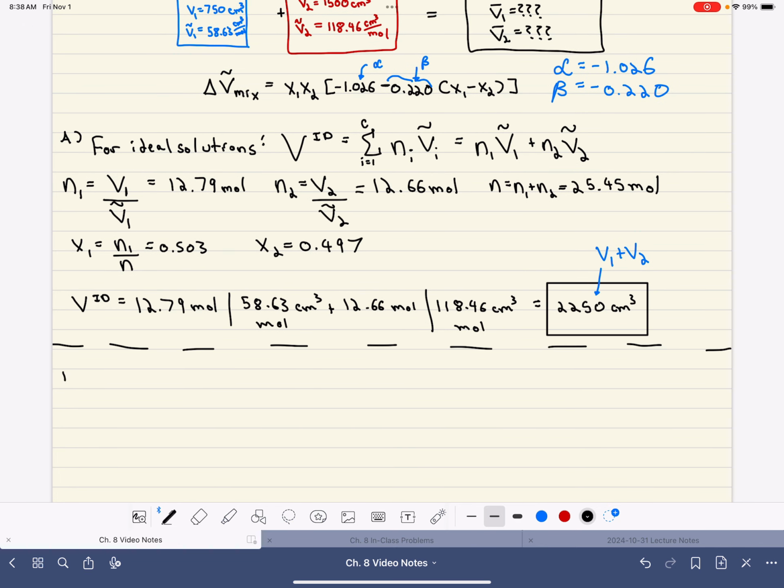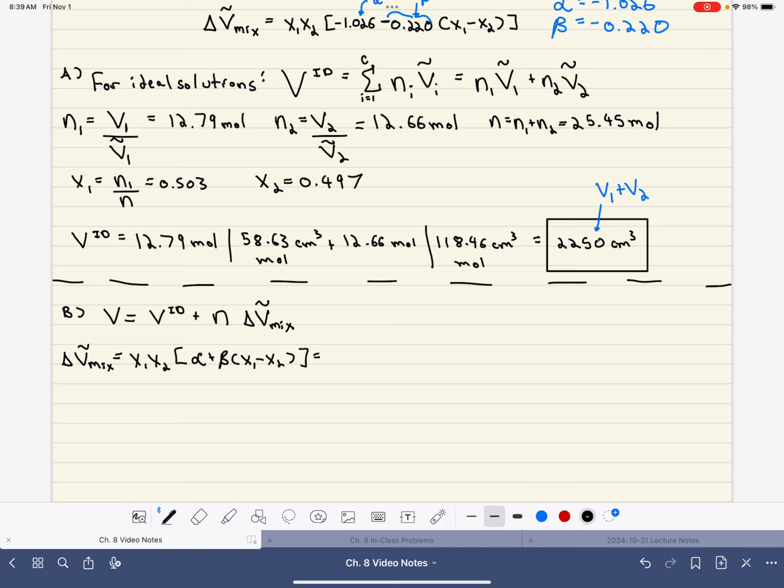And so for delta V mix, we have the expression from up above, this one. So I'll write it down here. And we could plug in.